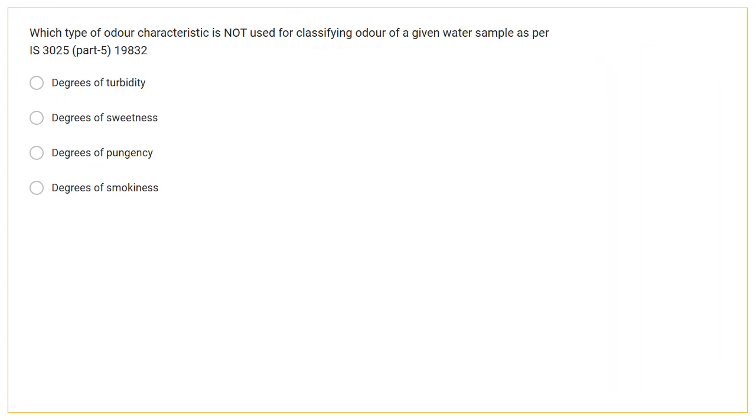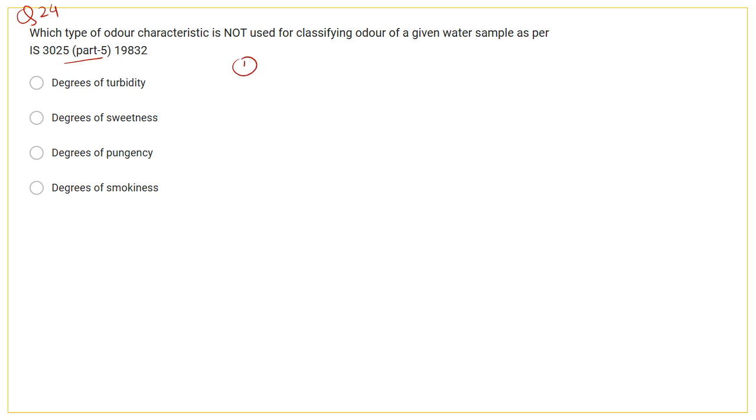Then next is question number 24. Which type of odor characteristic is not used for classifying odor of a given water sample as per IS 3025 part 5, 1983? As per this IS code, there are four characteristics.